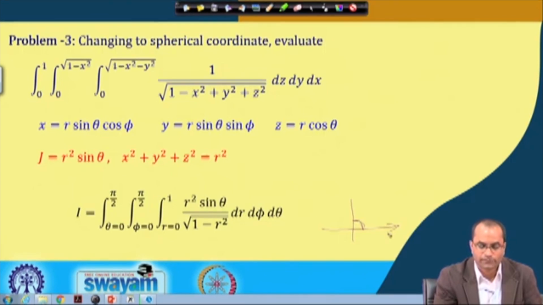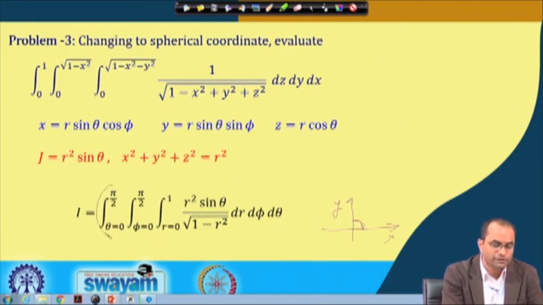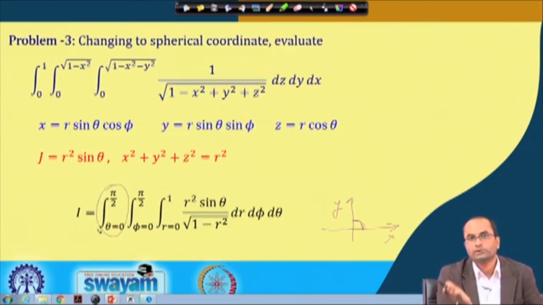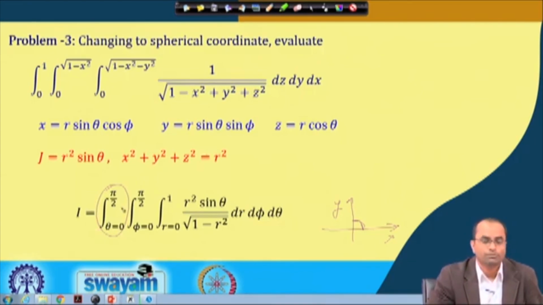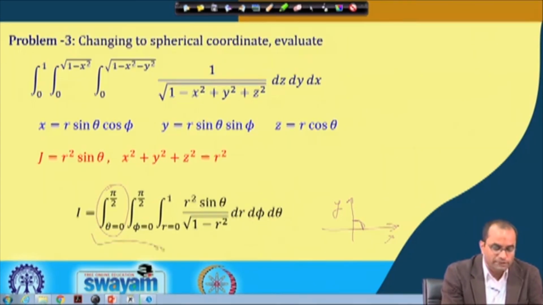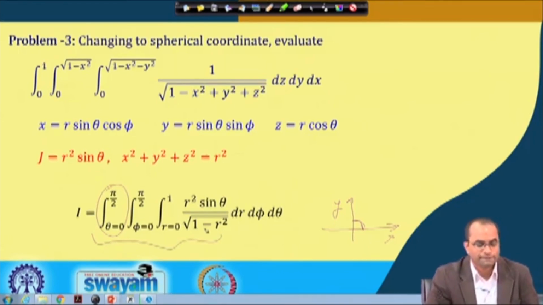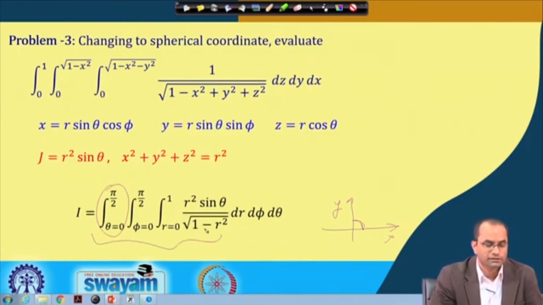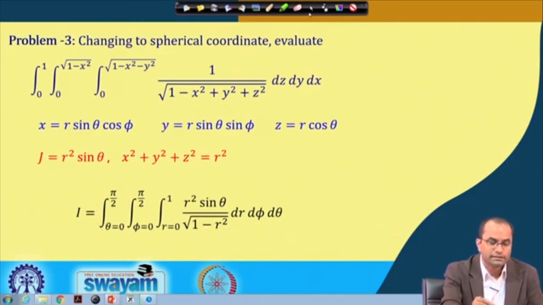So, that is in the x y plane, and then we have the limits of theta. Again, to cover this sphere in the positive octant, we have to go from 0 to pi by 2. So, with these limits we have covered the whole given spherical part, and now we can easily integrate.